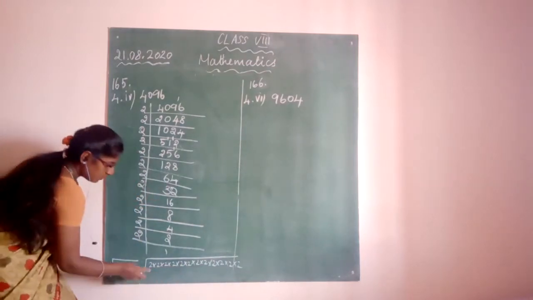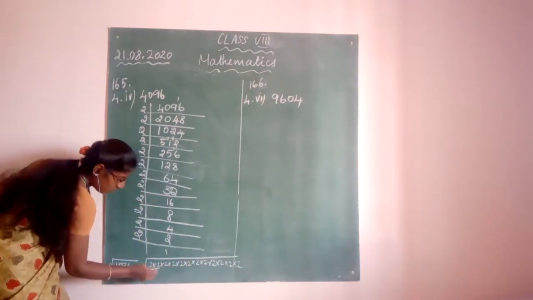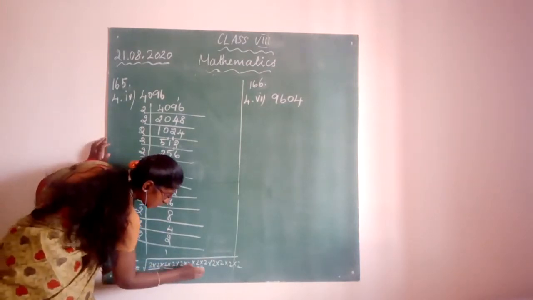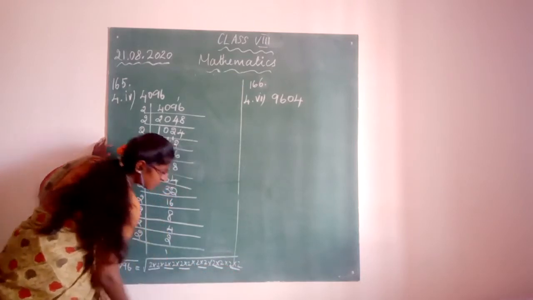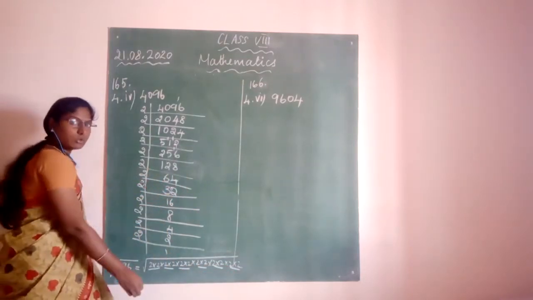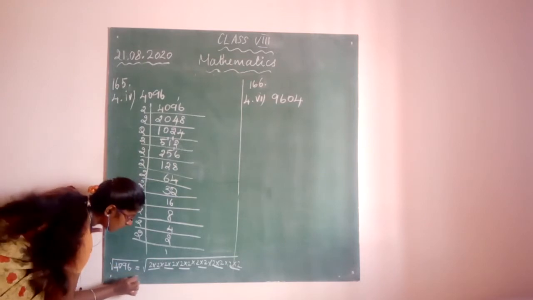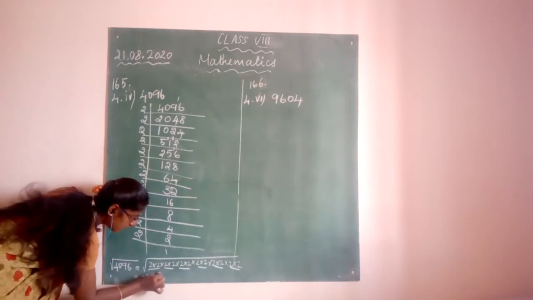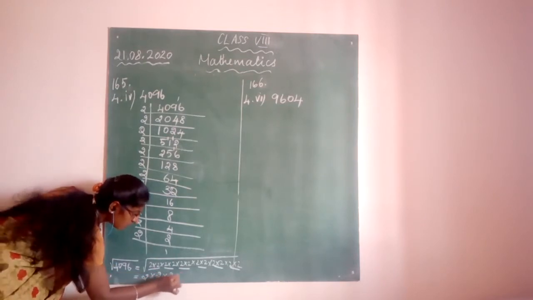Now count how many 2s you have here. 1 2 3 4 5 6 pairs. So you have 12 2s here. Okay, so if you take them outside, one from each pair, then you will have 6 2s outside.